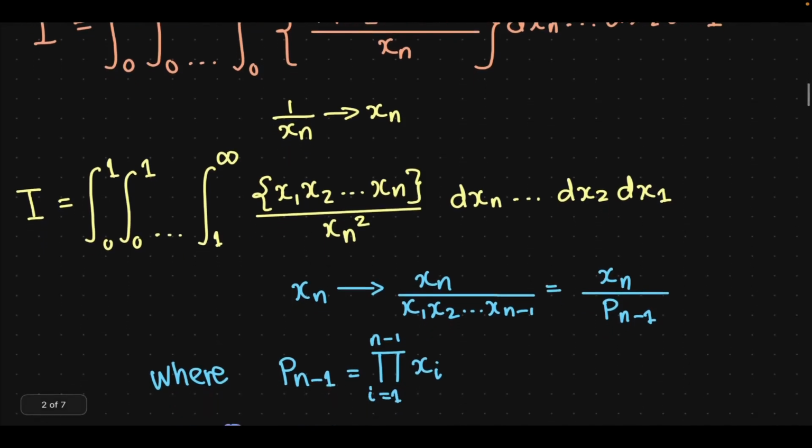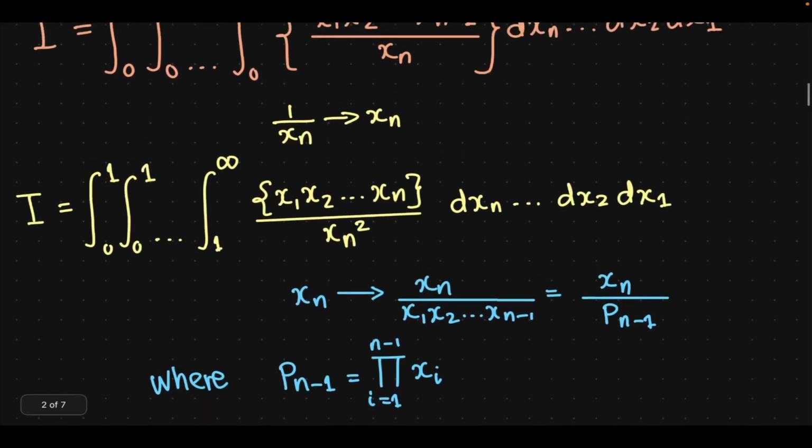So first of all, since we are on this xn integral, notice the bounds are from 1 to infinity. What we can do is treat the x1, x2 until xn minus 1 as constants with respect to xn. In fact, they are. So we can do a change of variables.